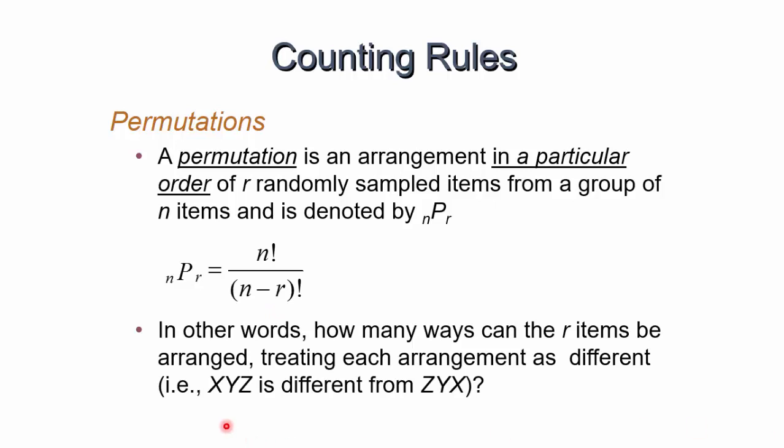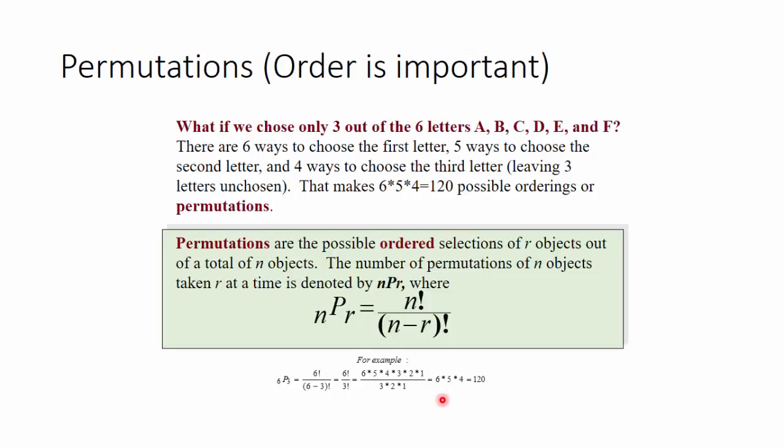Let's say you have three letters x, y, z, then x, y, z is different from z, y, x. Although they contain the same three letters, the orders are different. So they form a different permutation. If I have to choose three letters out of six letters, A, B, C, D, E, F, I will choose the first letter in 6 different ways, 5 different ways for the second letter, 4 different ways for the third letter.